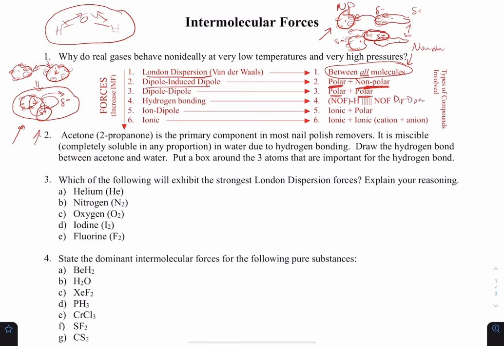It's on steroids because it's the same interaction, but the only thing that differs it is that hydrogen has to be bound to an N, O, or F, and then be interacting with another N, O, or F in another molecule. And the reason that this is a dipole-dipole on steroids is because when N, O, or F are bound to hydrogen, there's a very strong electronegativity difference. If you remember electronegativity, that has to do with how much pull one element has towards pulling electron density towards itself.